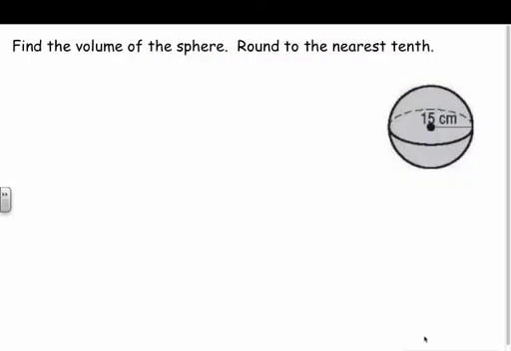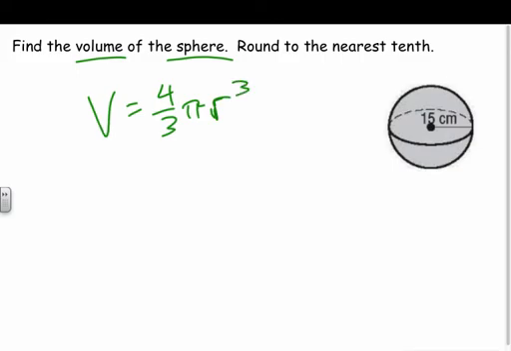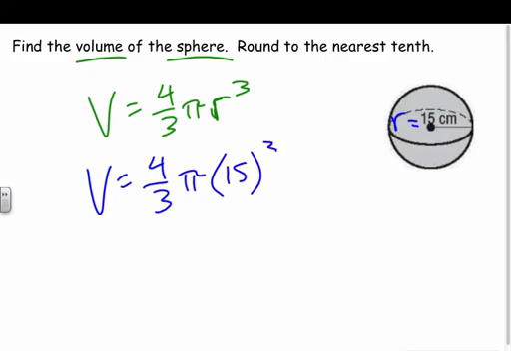So let's go ahead and use that here. It says find the volume of the sphere. Well, volume of a sphere is 4/3 pi r cubed. So we need the radius, which we have, so we can plug that in. We take 4/3 times pi times 15 cubed. Just be careful as you type it in your calculator.